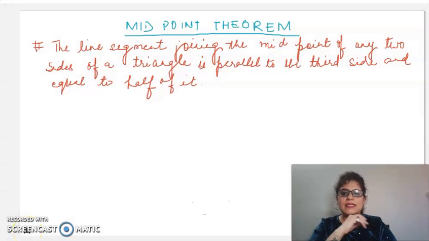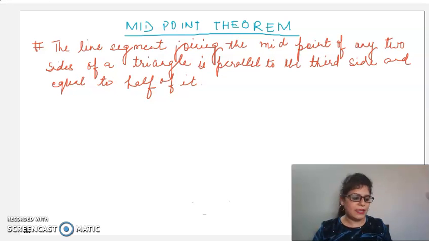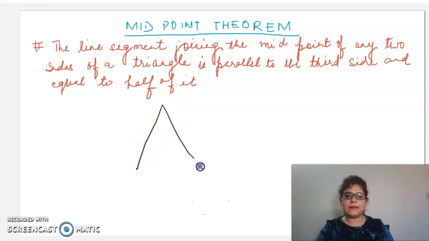The statement says that the line segment joining the midpoints of any two sides of a triangle is parallel to the third side and equal to half of it. So first of all, we have to make the diagram of it. It says the line segment joining the midpoints of any two sides. Suppose we are making a figure, a triangle ABC.